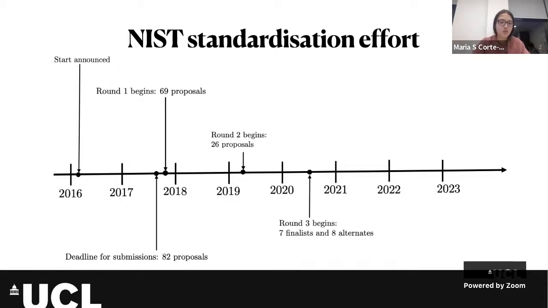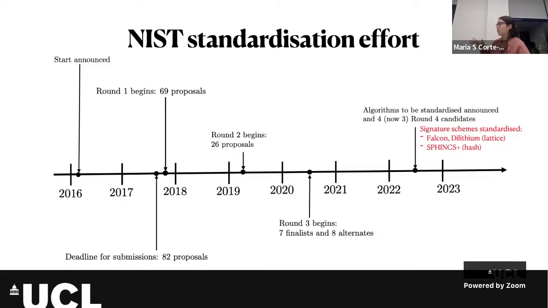And then finally in 2020, they had the third round, which really narrowed down these candidates. So they had 7 finalists, of which one in each category would be standardized. And then they had 8 alternates, which would receive further research to maybe eventually be standardized in the future.